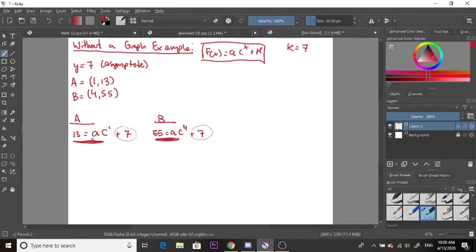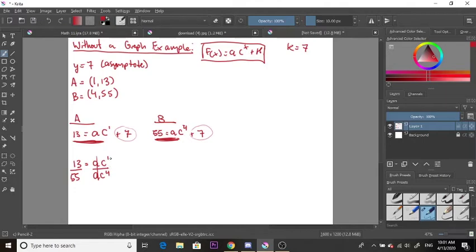So I'm going to write this formula. 13 is equal to a c to the power of 1. And I'm going to put it over this formula. I'm basically just making a ratio. From here, I can actually determine what my c value is going to be. So, using the laws of exponents, these a's are going to cancel out.